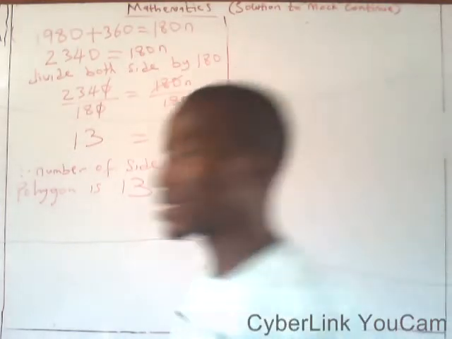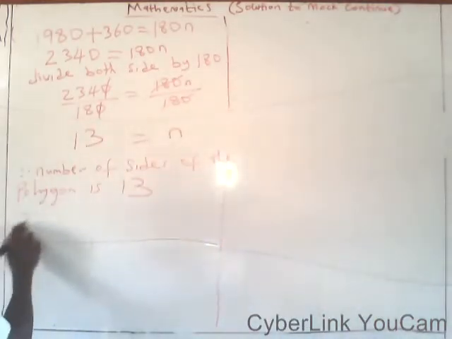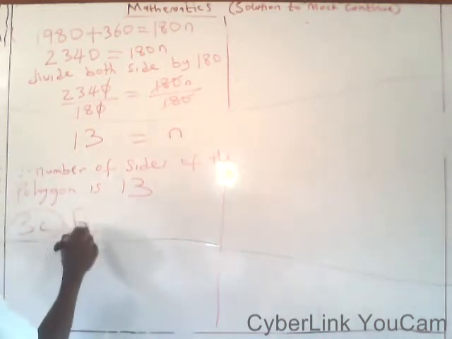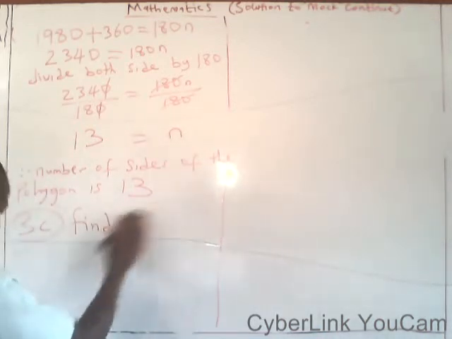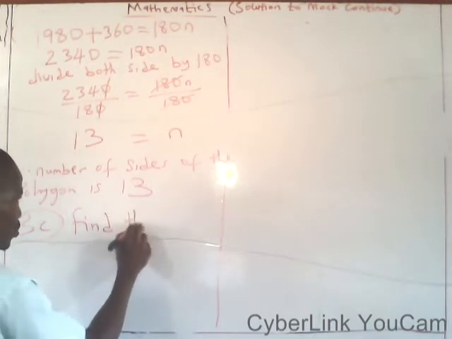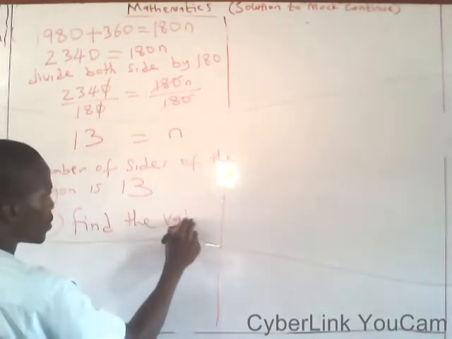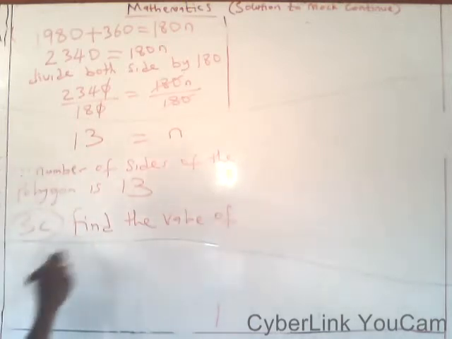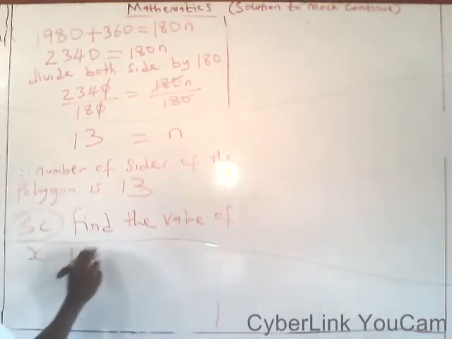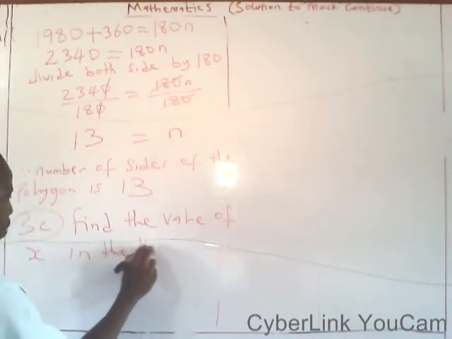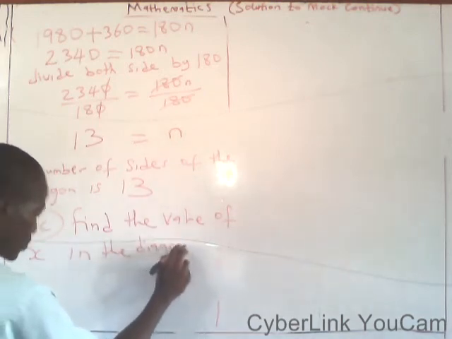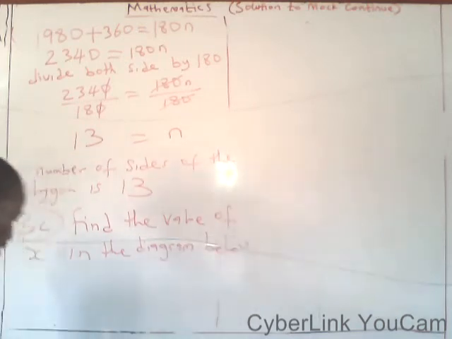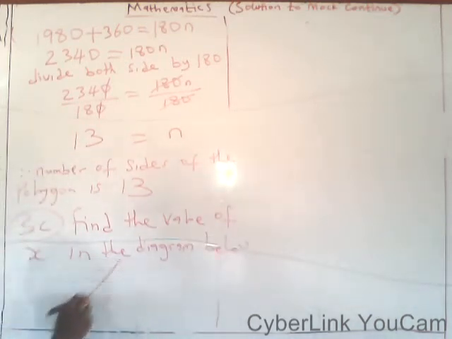Question number 3d says: find the value of x in the diagram below. And what is that diagram? You are given this triangle.